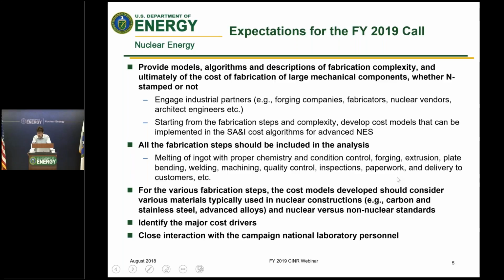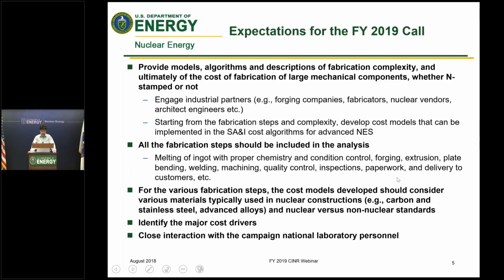So the cost model, of course, will depend on the type of material that is used. And we are expecting that the PI will consider more than one material, hopefully, relevant to nuclear construction. So as we develop these algorithms and this understanding, we hope to gain insights on the major cost drivers for this type of component.